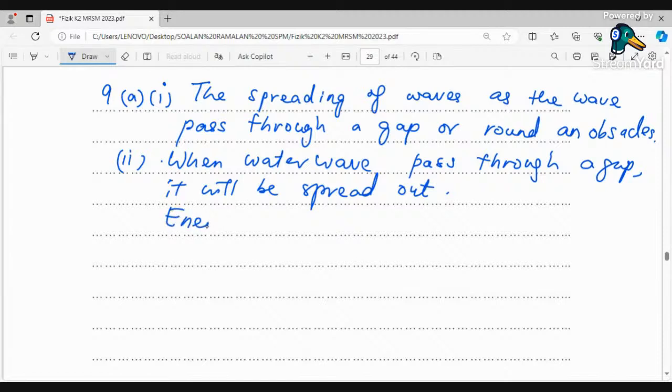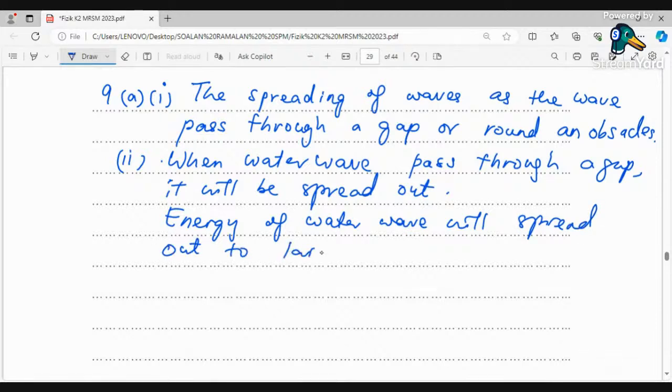Energy of wave will be spread out to larger area. Amplitude of water wave decrease.